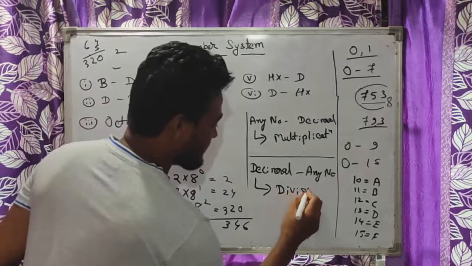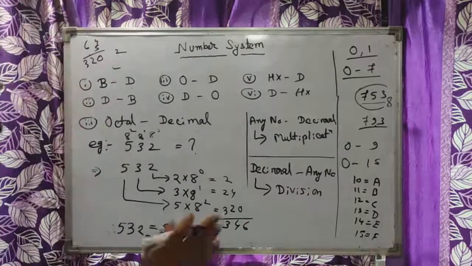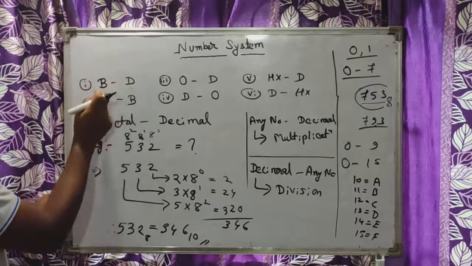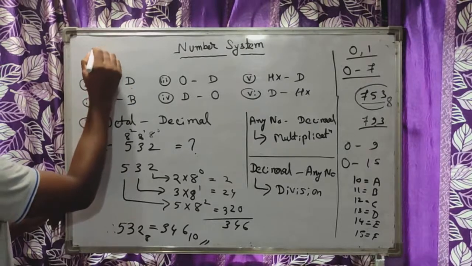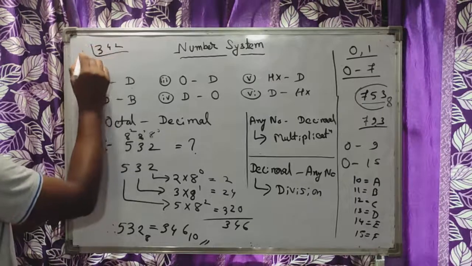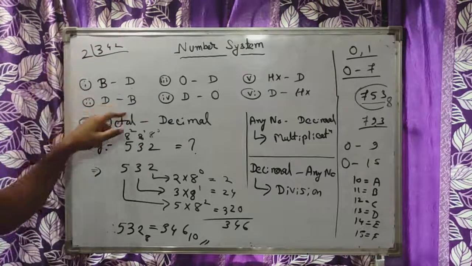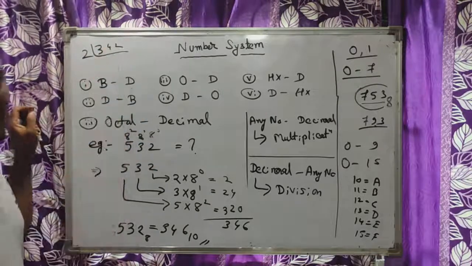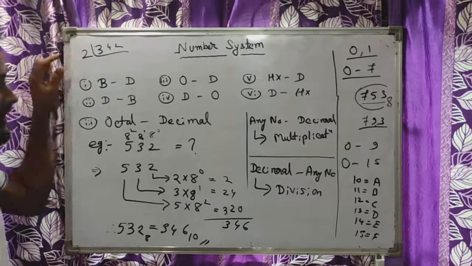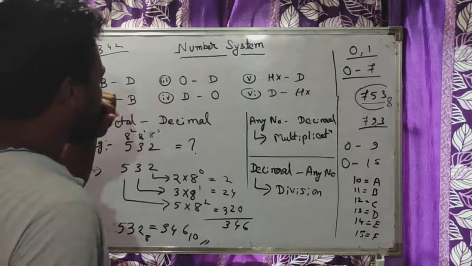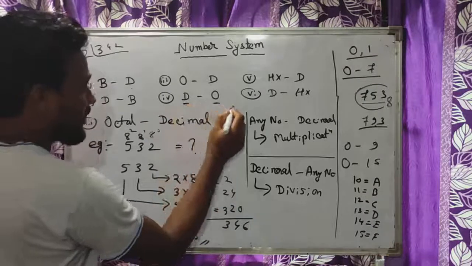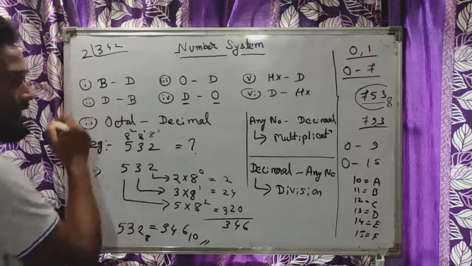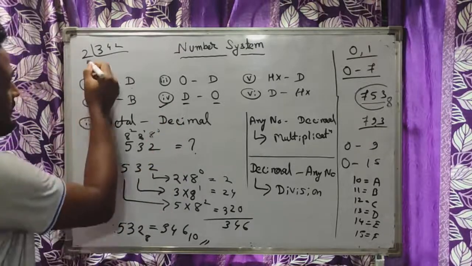Division means, for example, in binary, from decimal to binary, suppose we have a number 342, we divide by 2, because ultimately we have to convert this decimal number to a binary number. In order to convert from decimal number to octal number, we are going to divide that decimal number by 8.